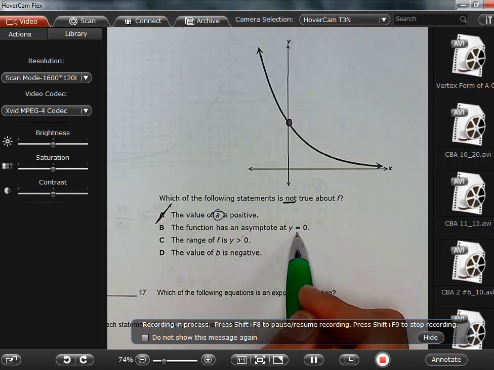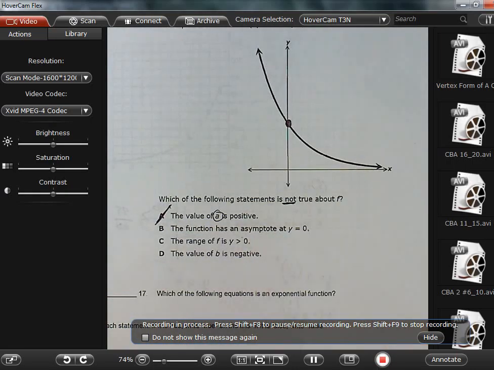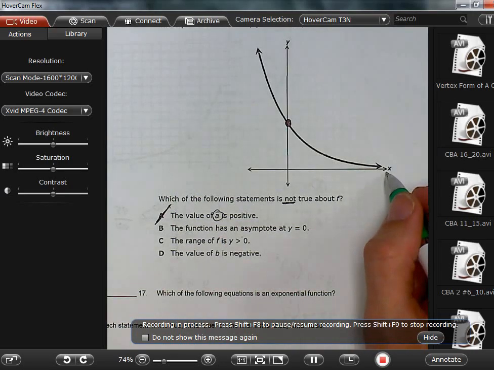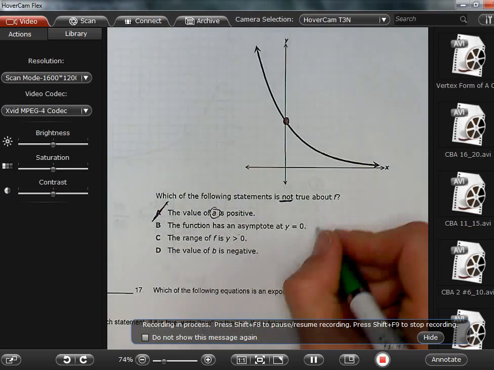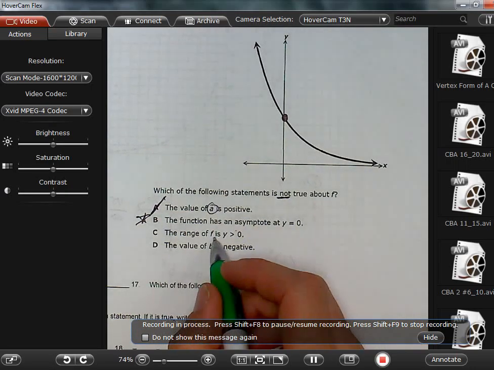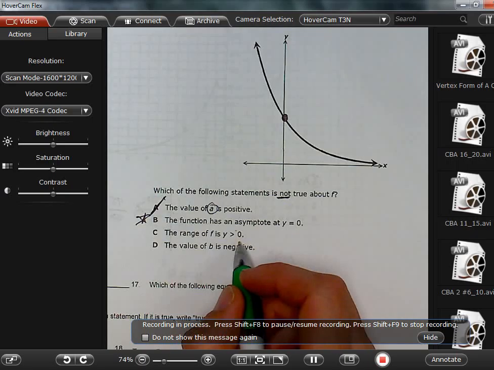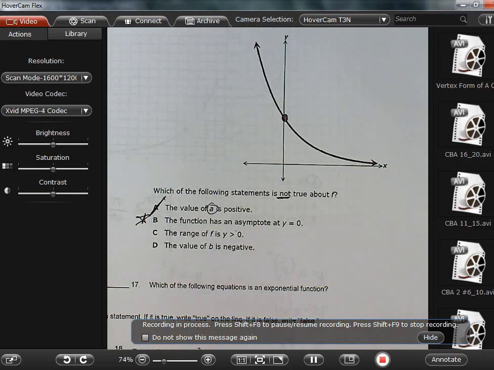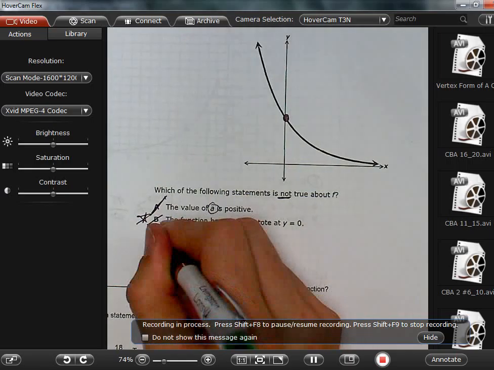Remember, asymptote is that imaginary line that it'll never touch. Will it ever touch 0? No. So this could be a possibility. The range of f is y is greater than 0. Y is greater than 0.